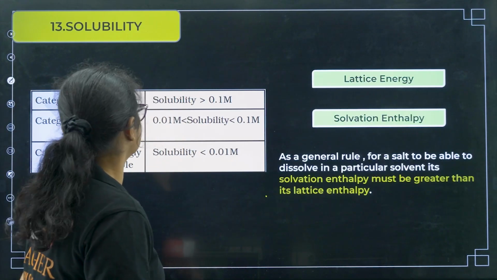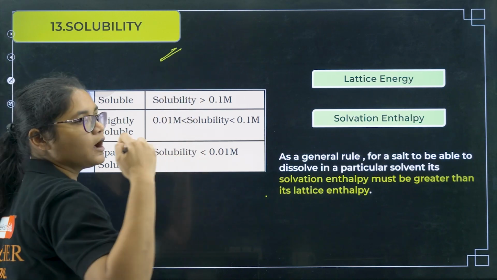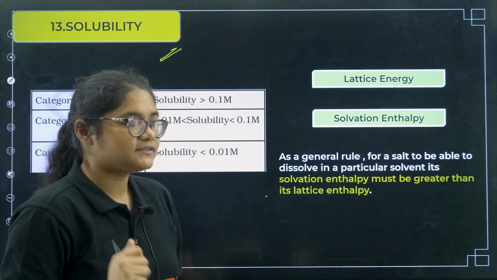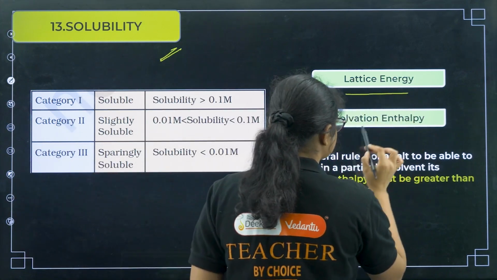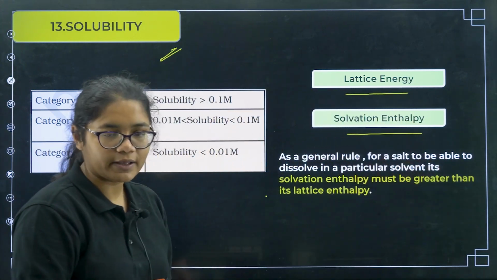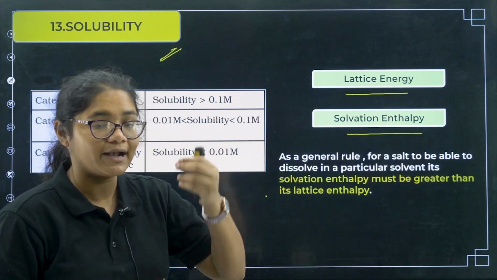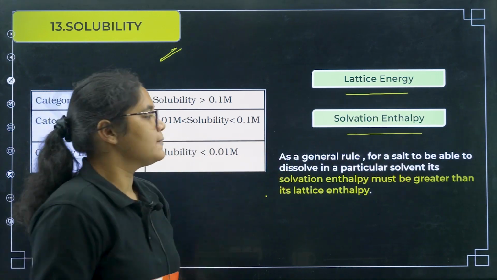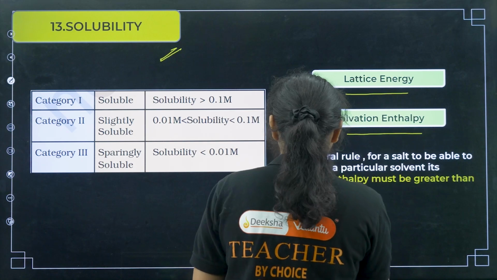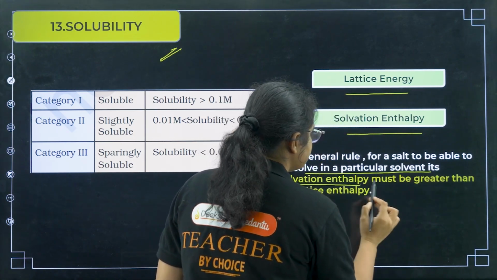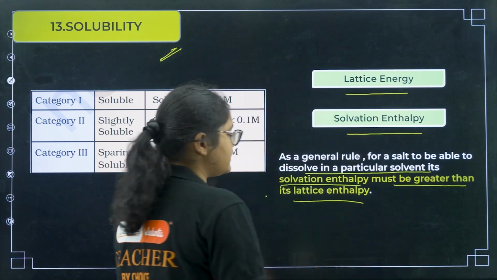What do you mean by solubility? The amount of solute dissolved in a particular solvent. The solubility depends on two factors: lattice energy and solvation enthalpy. For a salt to be able to dissolve in a particular solvent, its solvation enthalpy must be greater than the lattice enthalpy.